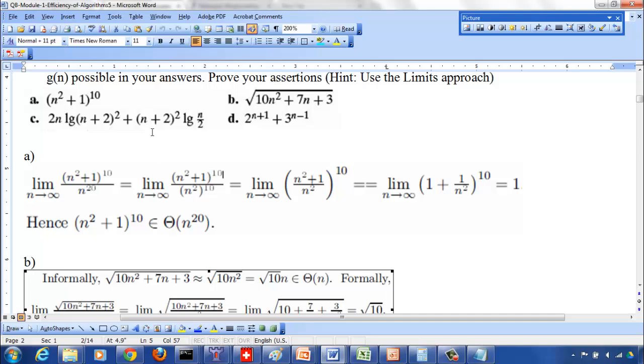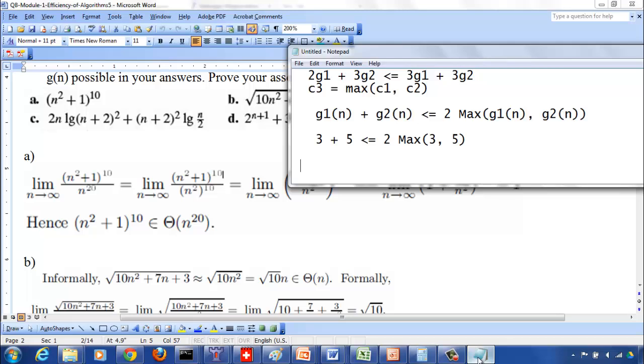Okay. So now this is 2n log n plus 2 whole square plus n plus 2 whole square log n over 2. Now you see here, we went over this in class. If you have log of n square, right, I can say this is log of n times n, so that is log n plus log n, so that is 2 log n.